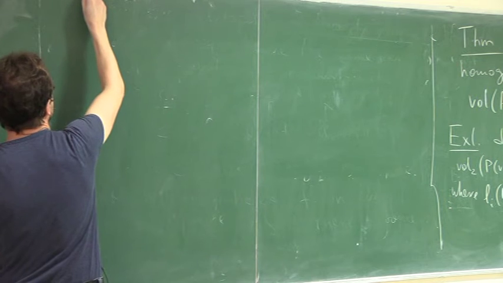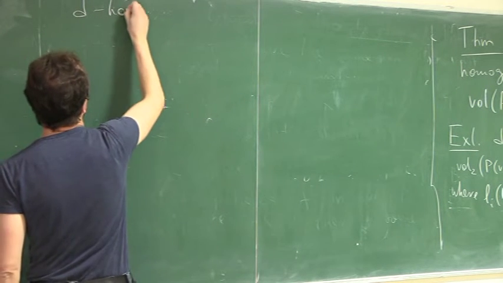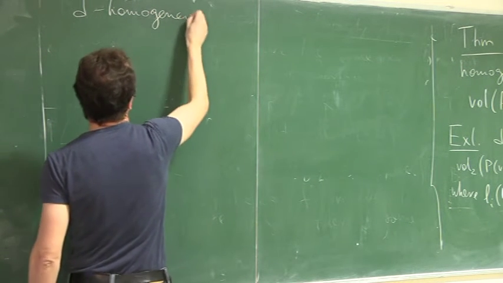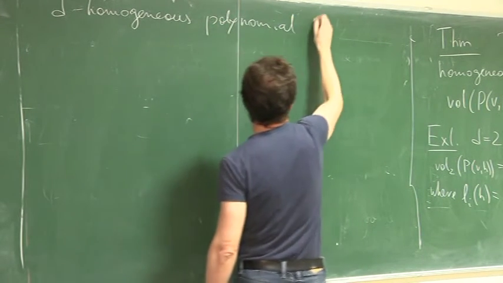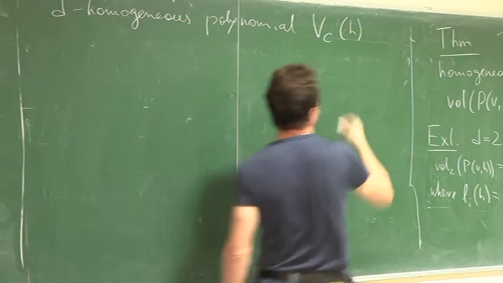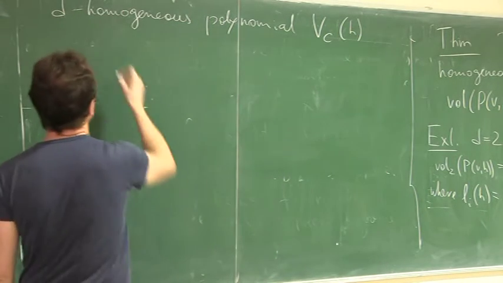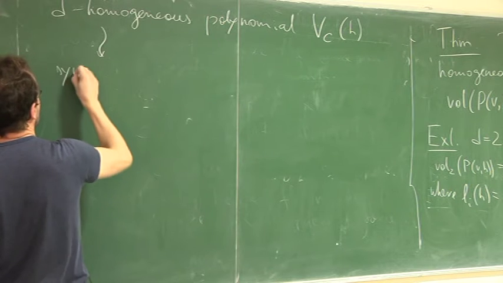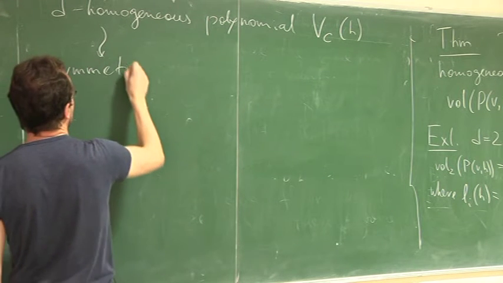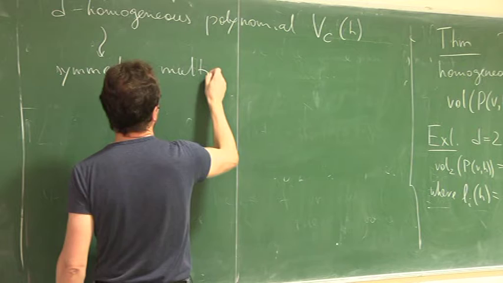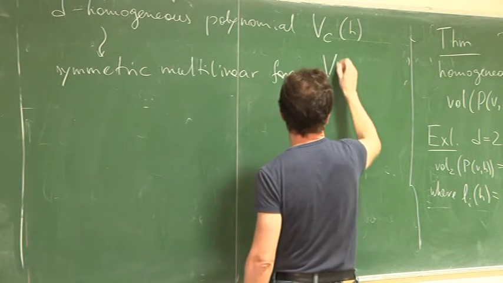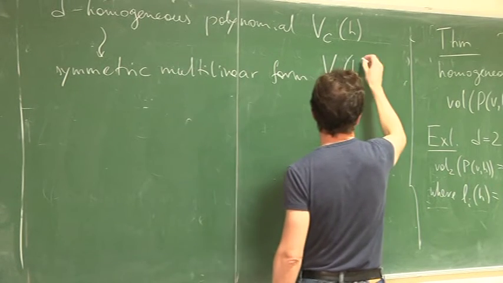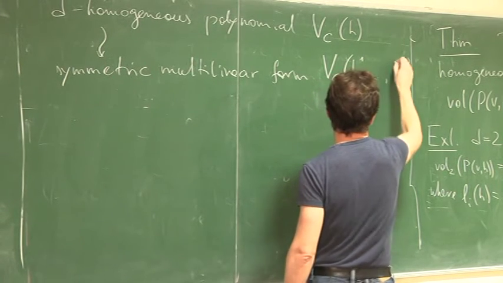Namely, if you have a degree D homogeneous polynomial in H, then it gives rise to a symmetric multilinear form, which I denote by the same letter VC, but now it takes D arguments, H1, so on, HD.